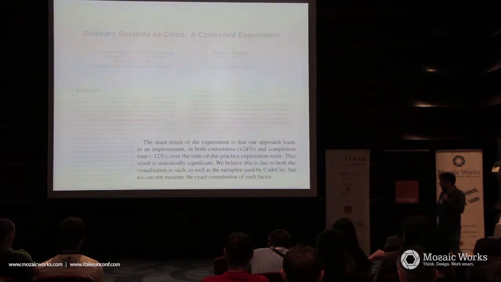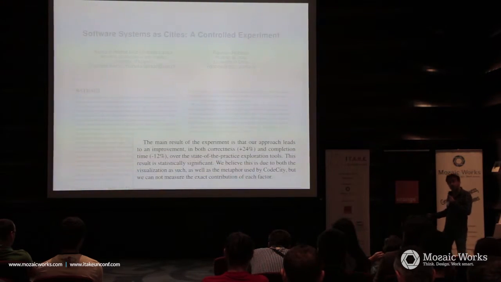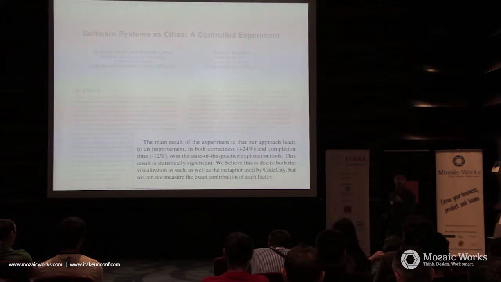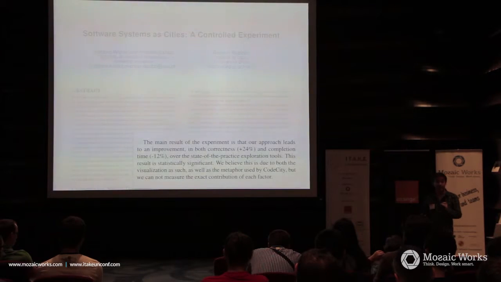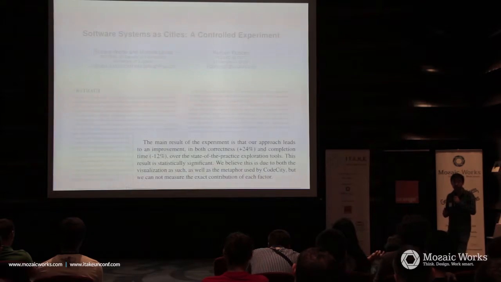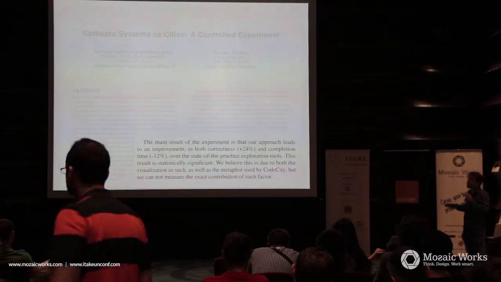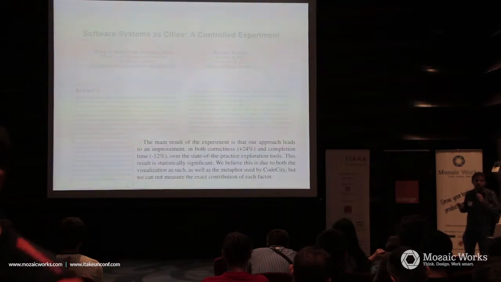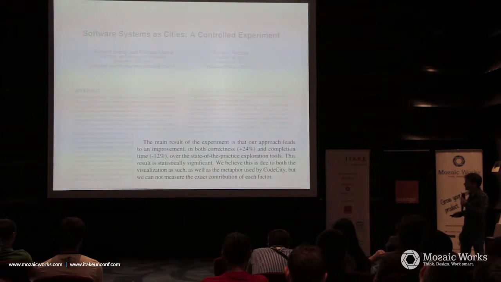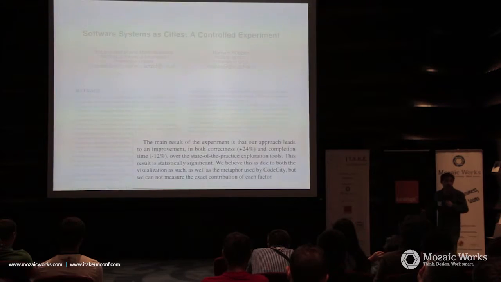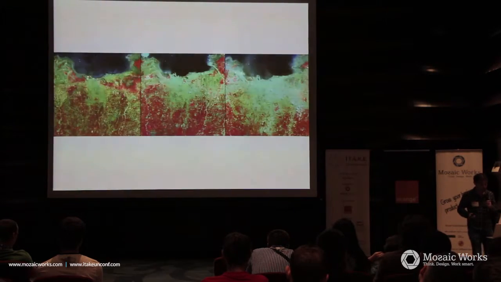And the idea is that it's due, they don't know, and we still don't know, if it's due to the visualization itself, or specifically to the city metaphor. This is very hard to measure, because you would have to give a different metaphor for visualization, like a tree map, if you ever see something like that. Anyway, we believe that this is more effective.